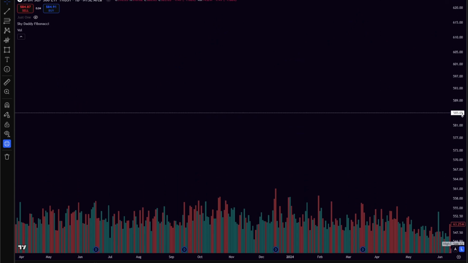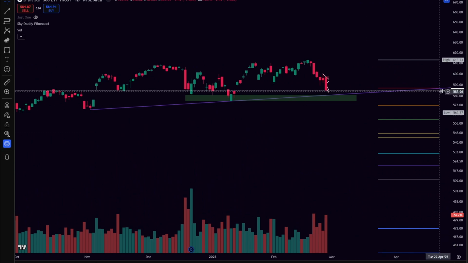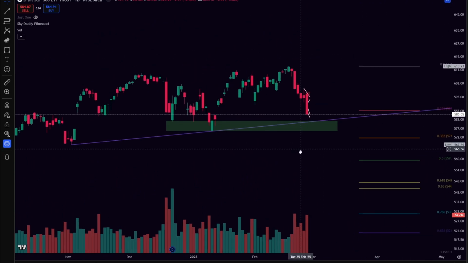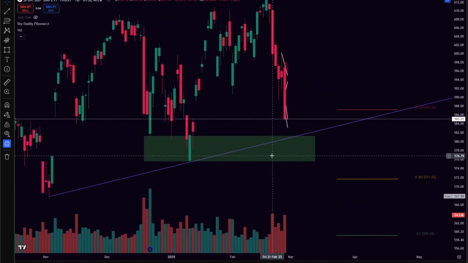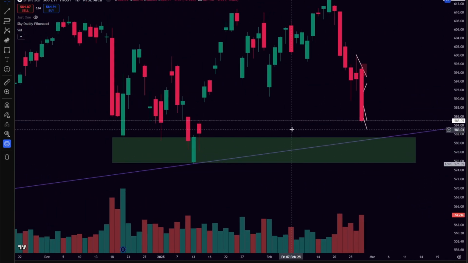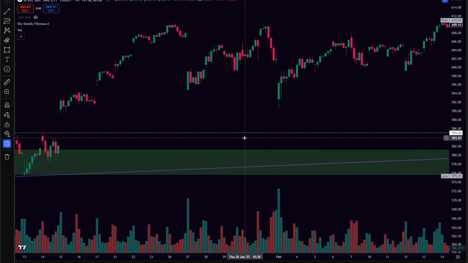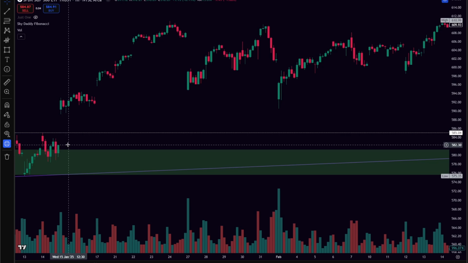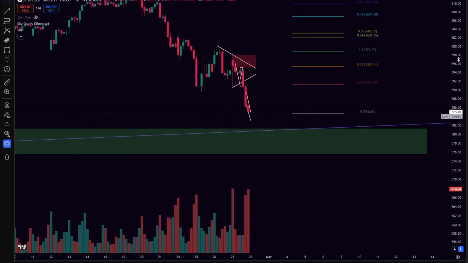Maybe I'm seeing something wrong. What happened to my chart? Oh yeah, 584. Hourly looks different. Yeah, it looks like it's down here. Maybe we go lower.